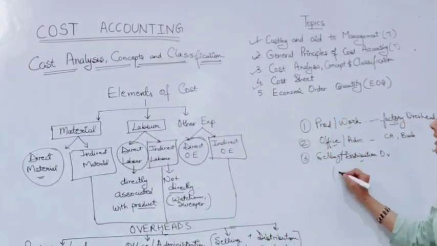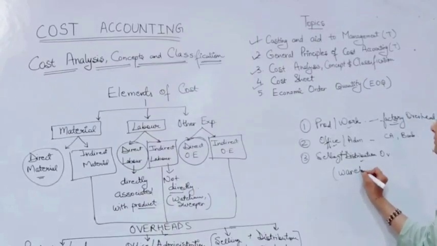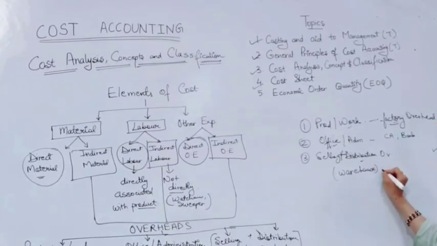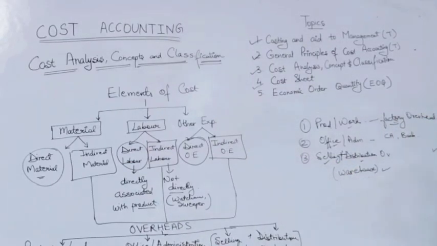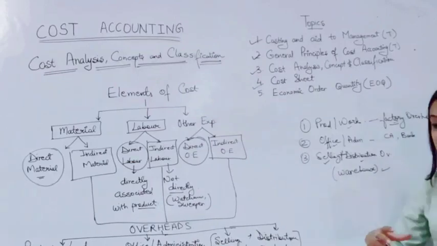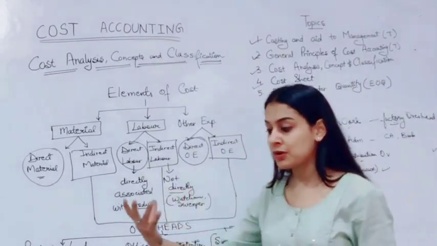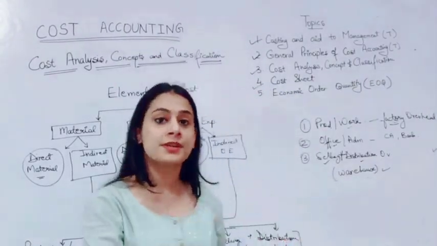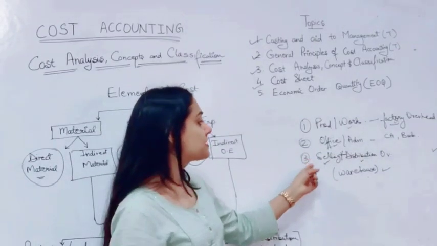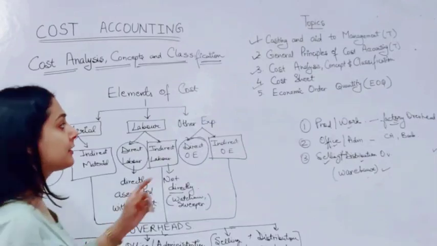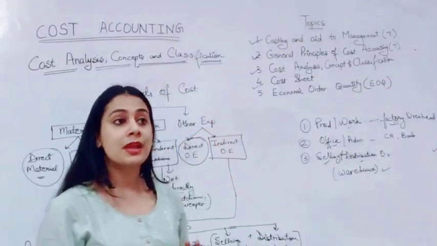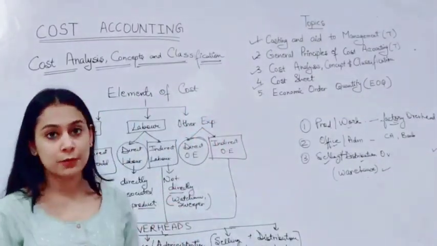We need to store that in a warehouse so that whenever the product is in demand, we can sell that product. So this warehouse will help the department to cater to the difference between the product demand and the production already done. So selling and distribution overheads are further added in the cost sheet to calculate your total cost of the product.